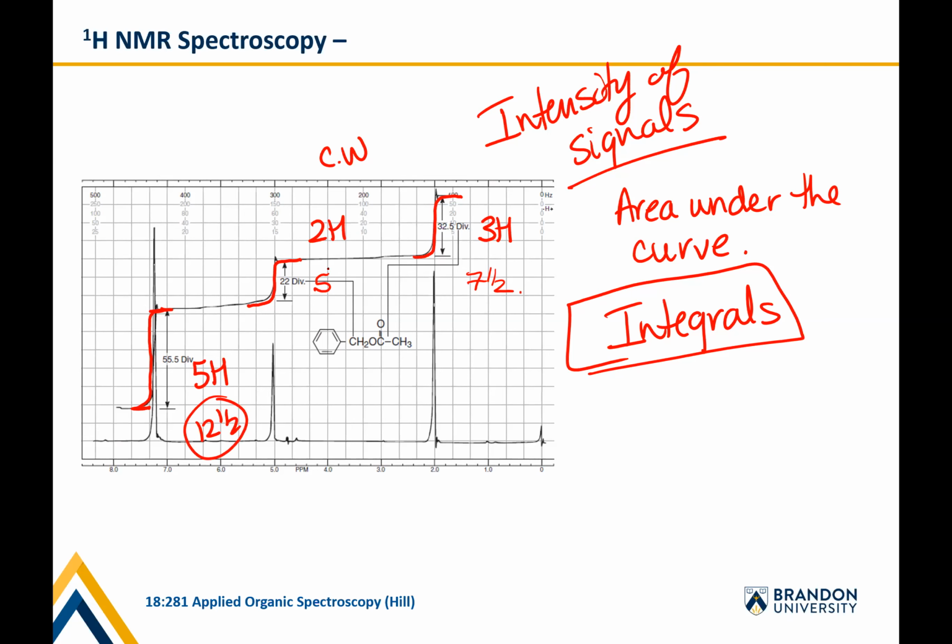So if this is given as just some random number, this represents this height, and it's a ratio between this to that to that. So keep that in mind. And the other thing which is important is that this has to be a whole number, right? You can't have half a proton generating a signal. It has to be 1.